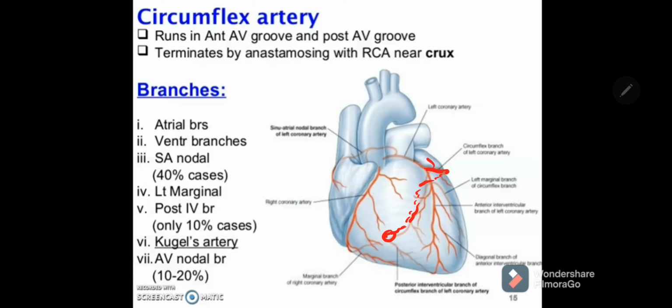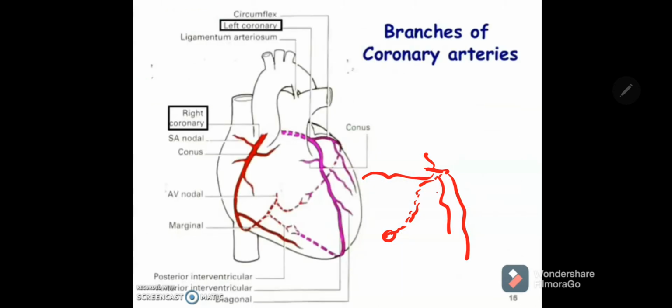It gives atrial branches, ventricular branches, left marginal branch, and it supplies the SA node in 40% of the cases, and sometimes it may give a posterior interventricular branch in 10% of the cases. So the posterior interventricular artery is usually a branch of the right coronary artery. Why it is important, we'll discuss.